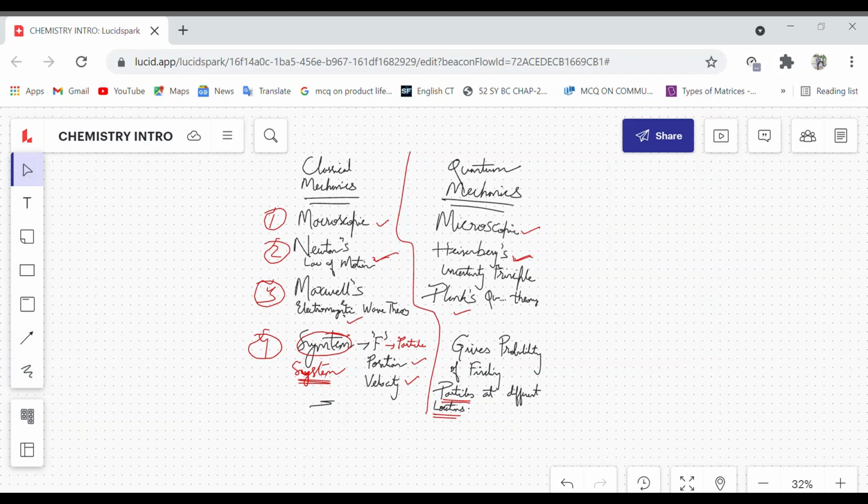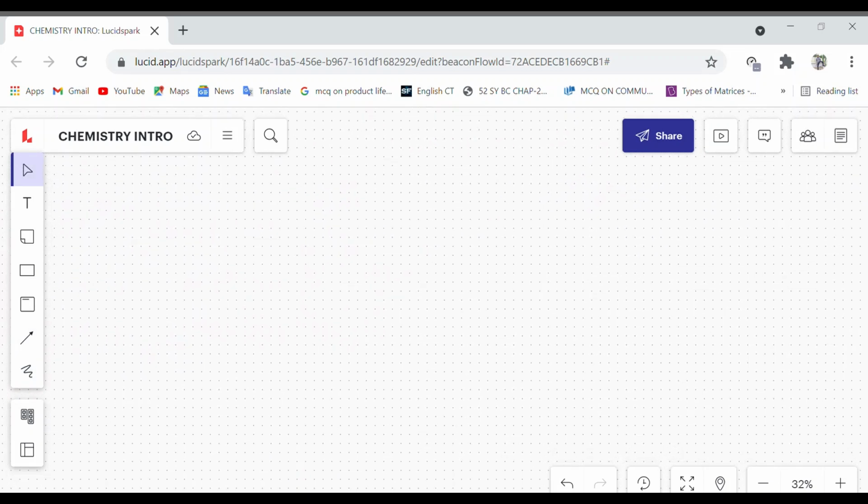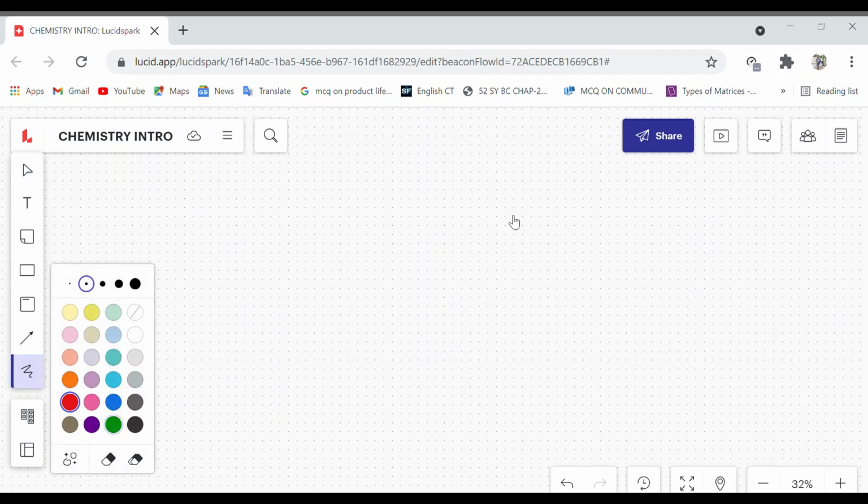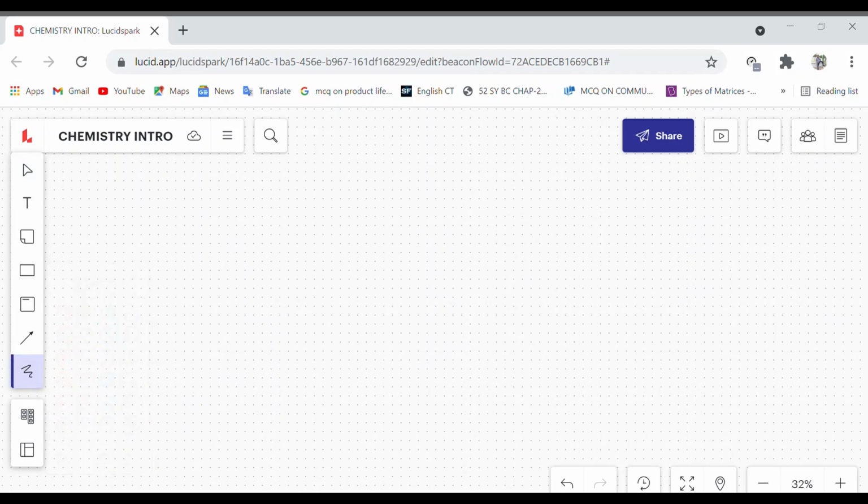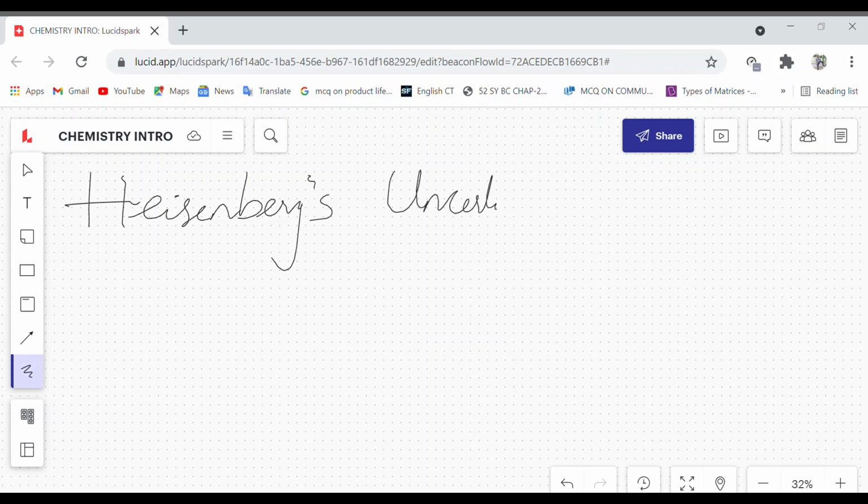Let me move it aside and give the heading Heisenberg's uncertainty principle.